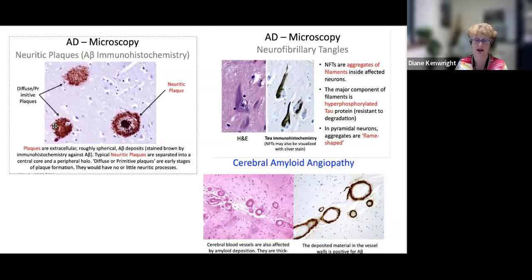But this is all amyloid in the brain. This is all amyloid in the brain as well, surrounding the blood vessels, making them difficult to get oxygen through. And these are the neurofibrillary tangles in the tail, which is tau.